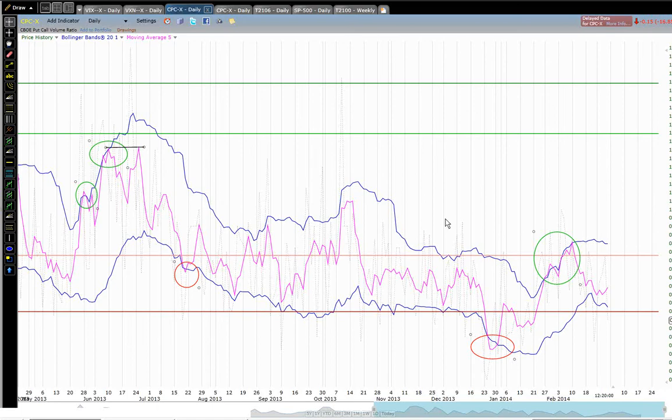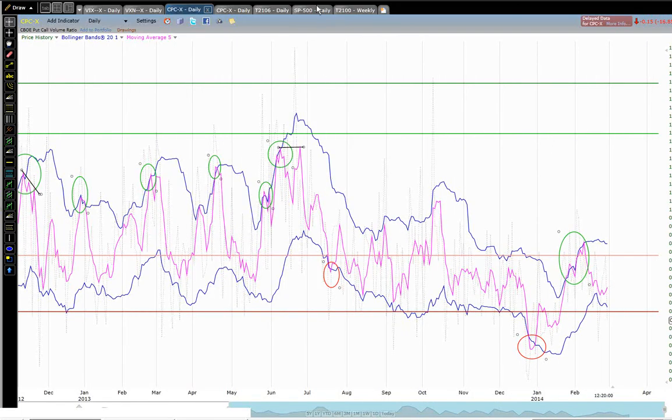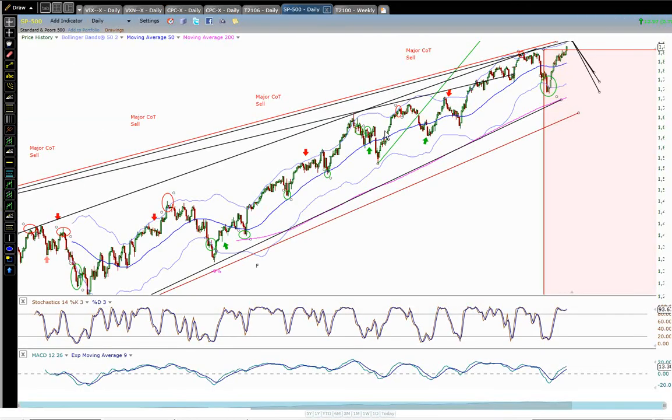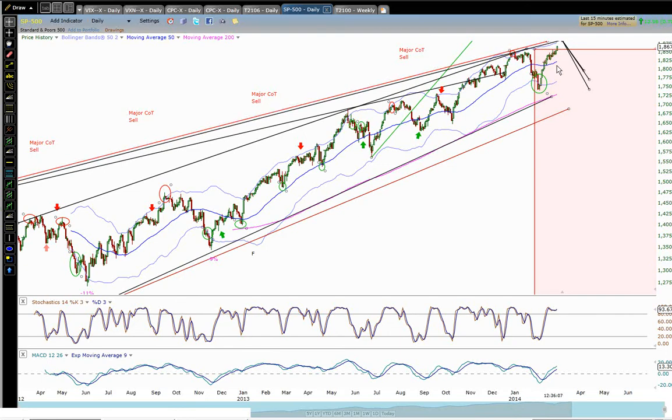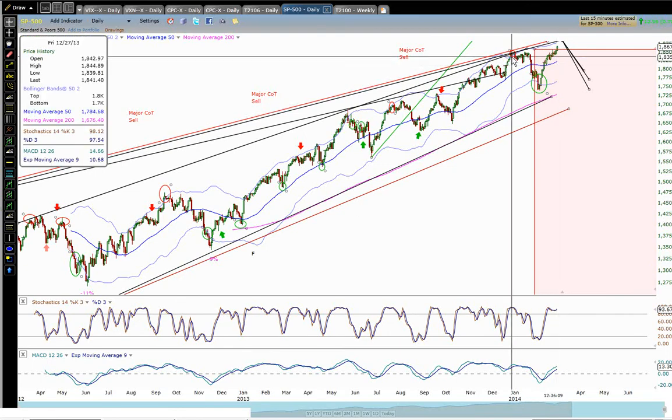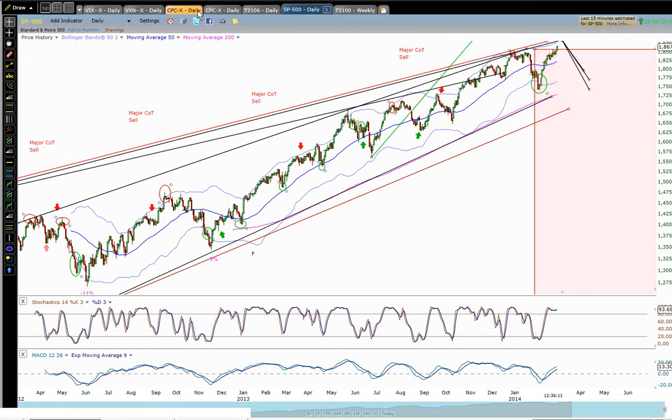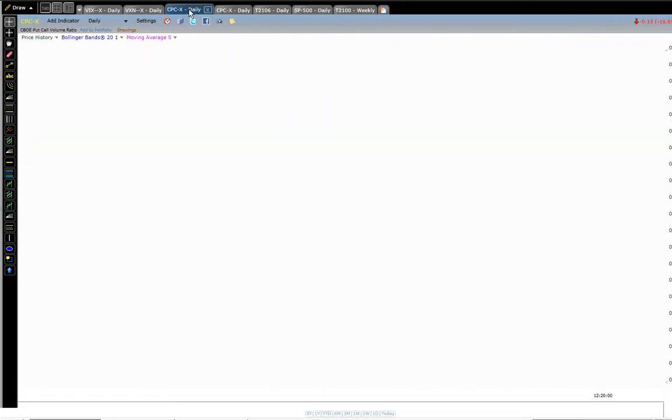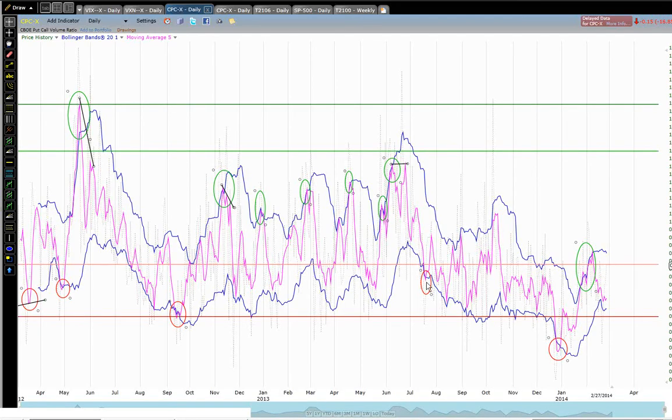What I want to point out is that with the S&P 500 here making higher highs relative to the New Year's time frame, we would typically expect the put-call ratios to actually be making lower lows.